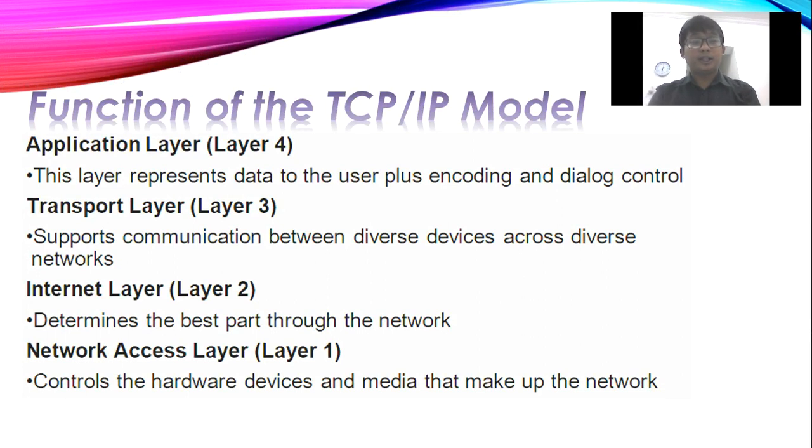Transport layer, the third layer, supports communication between diverse devices across diverse networks. Internet layer, or our layer 2, determines the best path through the network. And the first layer, our network access layer, controls the hardware devices and media that make up the network.